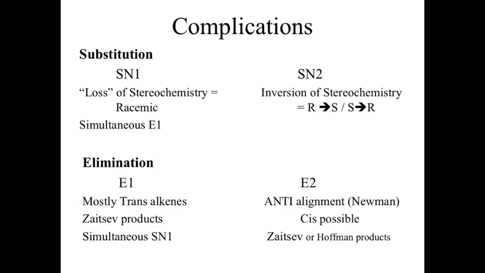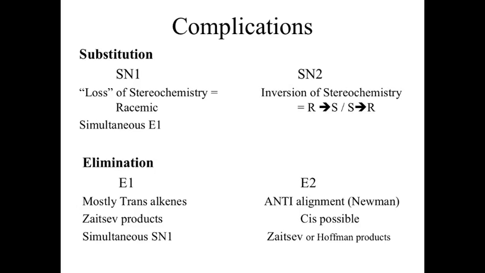In the E2, we have to have that anti-periplanar alignment. You really can see that from your Newman projections, which is why we talked about Newman projections at the beginning of the semester. You can have a cis product come out of the E2. Okay, so you'll notice I'm saying cis possible, I'm not saying it's always cis.